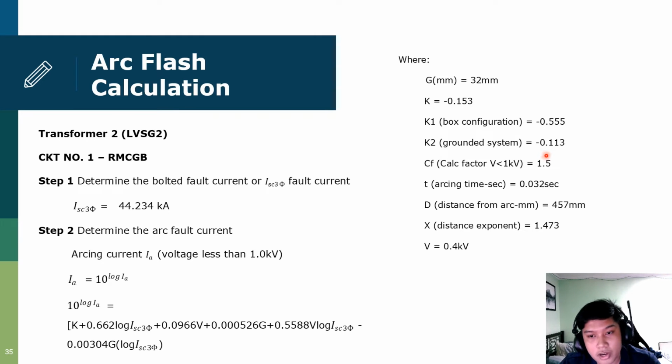CF factor is 1.5. Our arc time in seconds is 0.032 seconds. The distance is 457 in millimeter. Our distance exponent, or x, is 1.473. Our system voltage is 0.4 kilovolts.